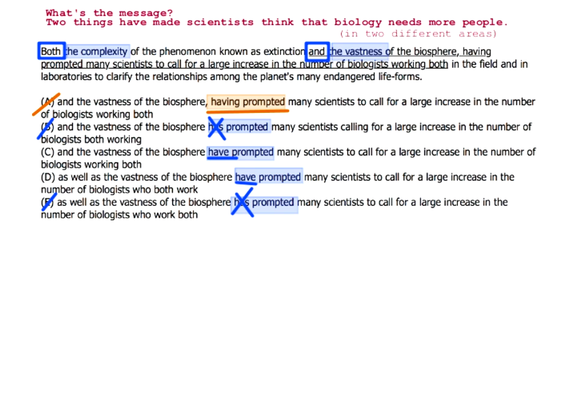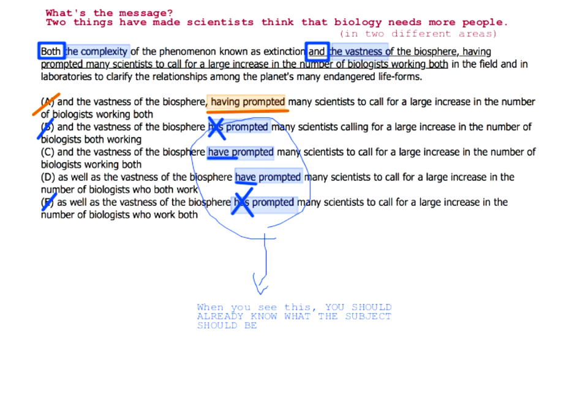When you see this, this is another good checkpoint to see whether you are approaching these kinds of things correctly. When you see this decision point, you should already know what the subject is. In other words, it's the complexity and the vastness.